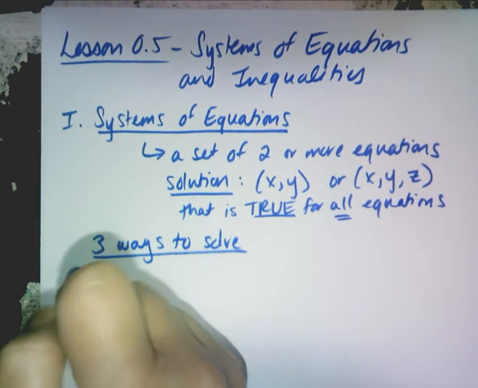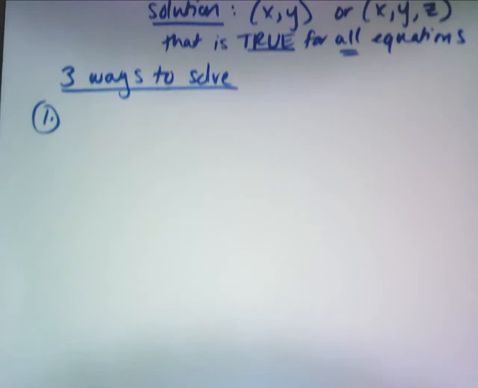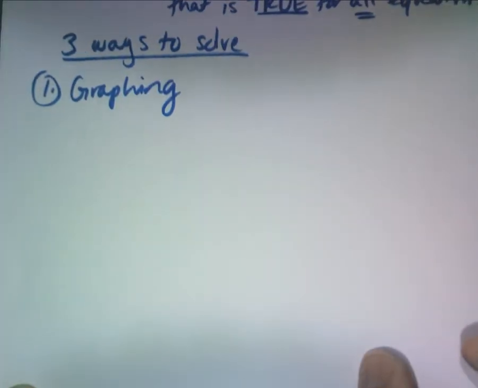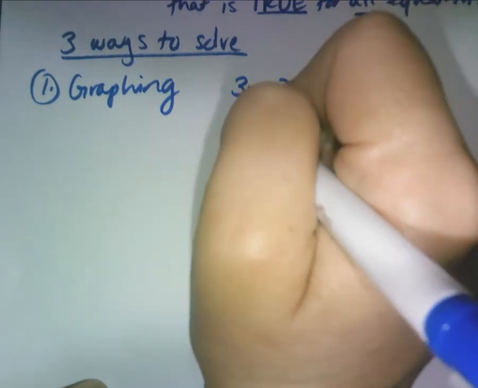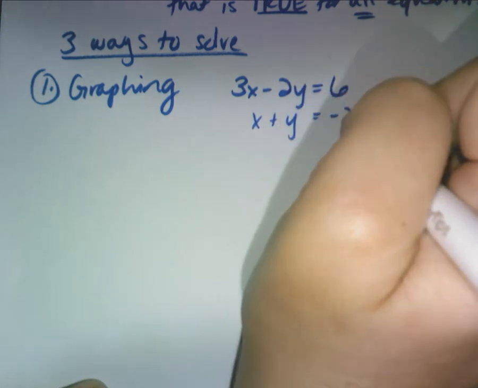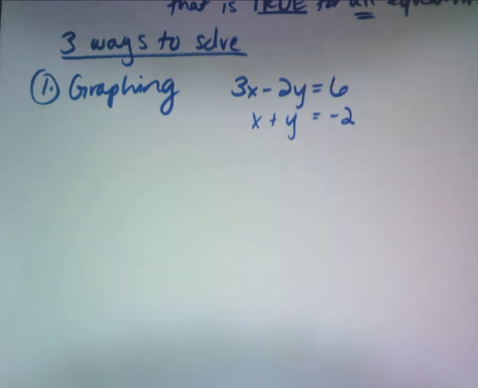So the first way is graphing. Most everybody knows how to graph. And so here's your system. They'll do 3x minus 2y equals 6 and x plus y equals -2. And what you have to do to graph is set it equal to y, because you have to graph a line and put it in your calculator.